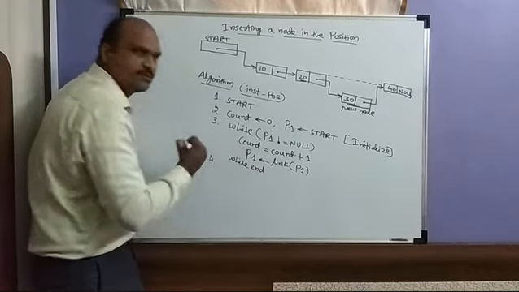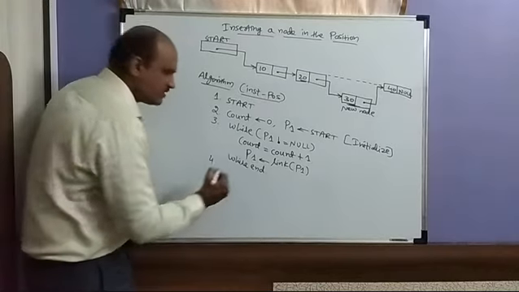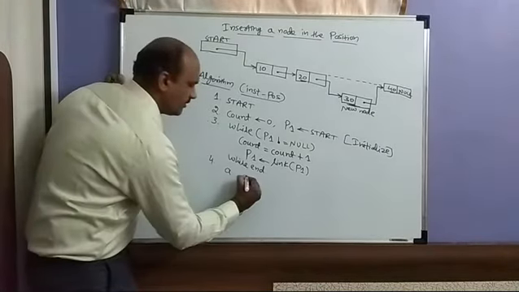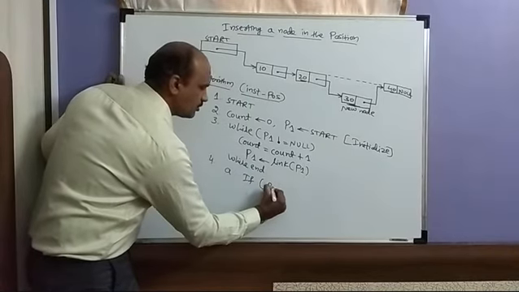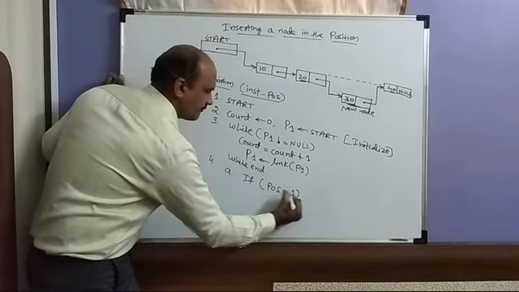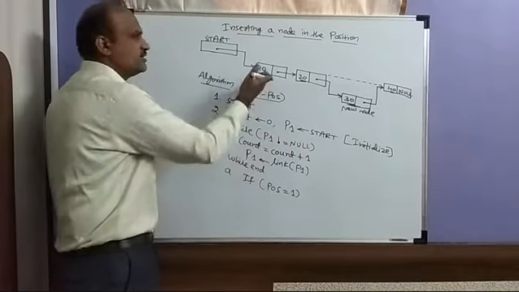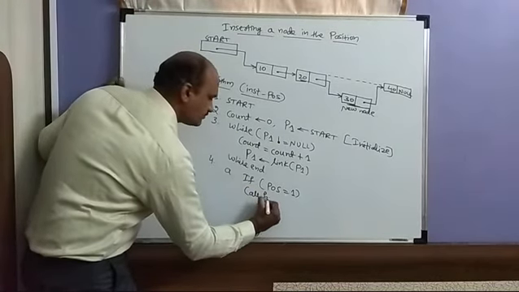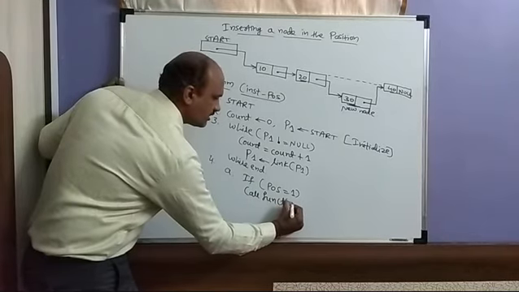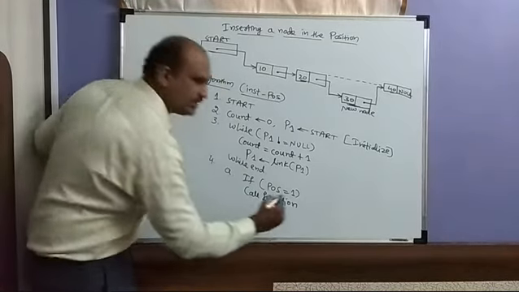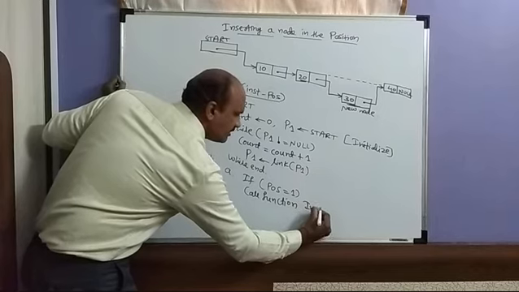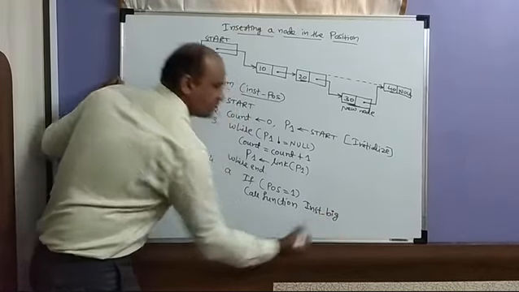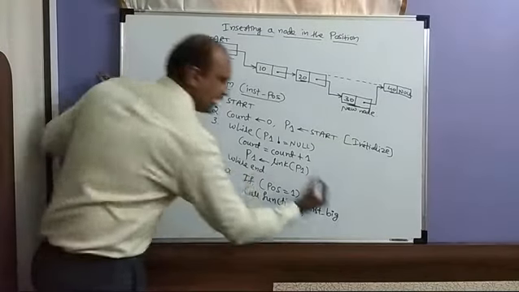Then fourth step. Okay. So here first, if I got the position, if position is equal to 1, if I am inserting here, position is equal to 1, then you have to call the function you wrote earlier, that is insertion at the beginning. You have to call that algorithm.